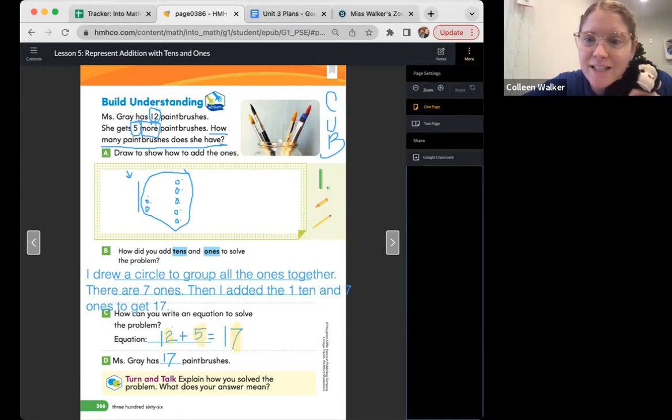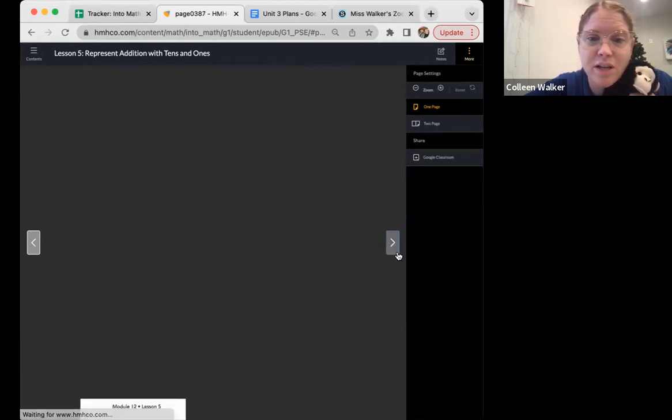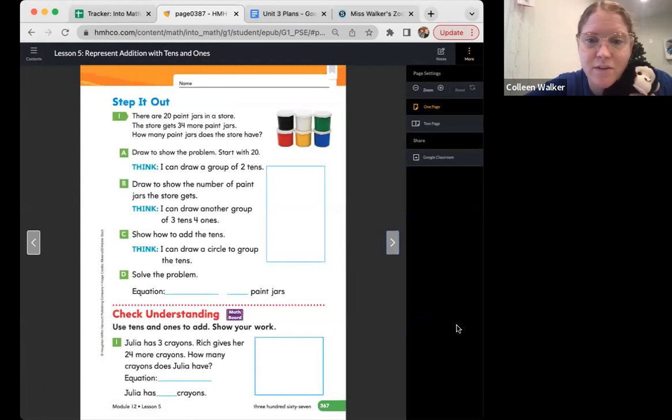But the tens, if we use a different color, you can see that the tens, we started with 1 ten, and that stayed the same. Awesome, friends. If you need this page still, you can pause. Otherwise, you can keep watching. We can move on to the next page. We are now on page 367.